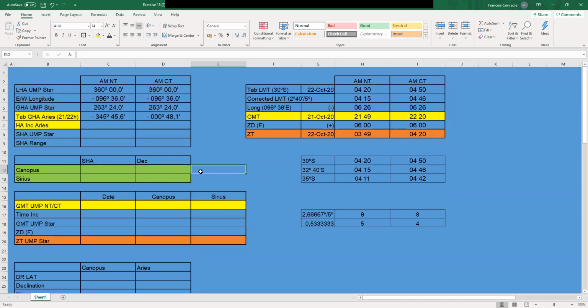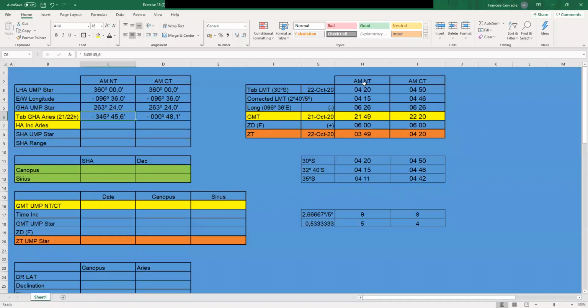But now we know that in order to find an SHA, we're not only interested in the tabulated GHA, we want the complete GHA. So this value that we see over here, the 345, 45.6, is at exactly 2100. But we're not interested in 2100, we're interested in 2149, isn't it? So that means we need to take the 49 minutes into account as well.